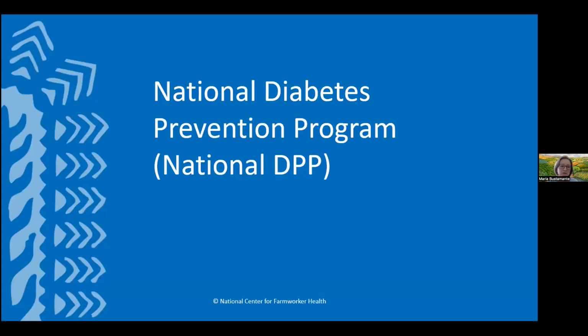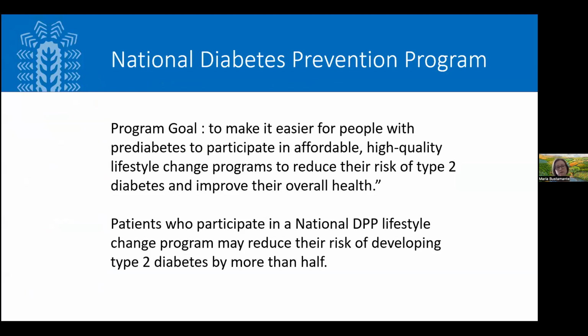Let's go into what the Diabetes Prevention Program is. The program goal is to make it easier for people with pre-diabetes to participate in affordable, high-quality, lifestyle-changing programs. And this is the key, right?